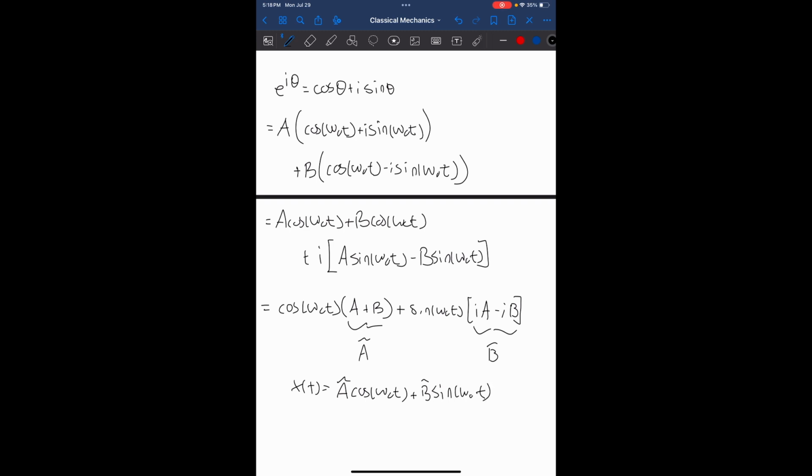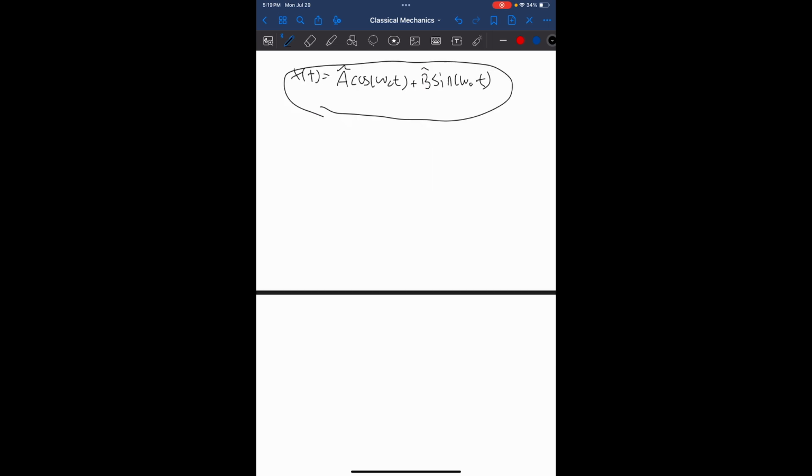And it's okay to define a and b as we've just done because i is just a number and a and b are also just numbers. So we're just redefining numbers to be numbers. So if we have no friction, then our oscillator is just going to oscillate for all of time, which should make sense. All right, and in the second case, case 2, we're going to have overdamped friction. In other words, beta is going to be larger than omega naught.